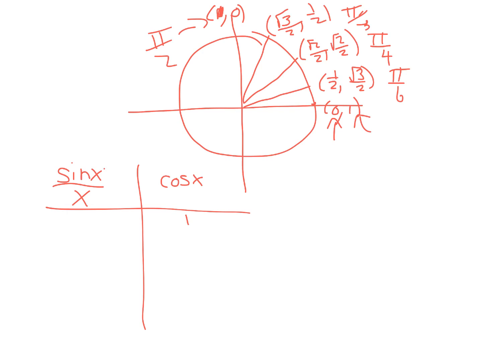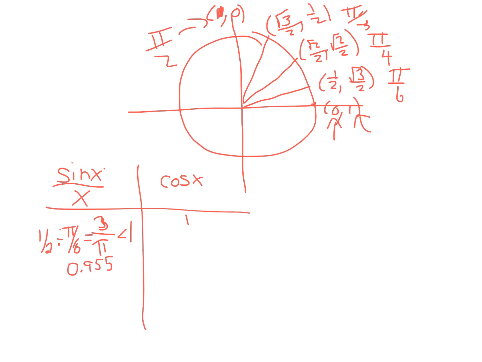And then if I move out to pi over 6, sine x is 1/2, and we're going to divide that by the angle, which is pi over 6, and that's going to leave us with 3 over pi, and that's 3 divided by 3.14, so that's just slightly less than 1. It equals 0.955, okay?